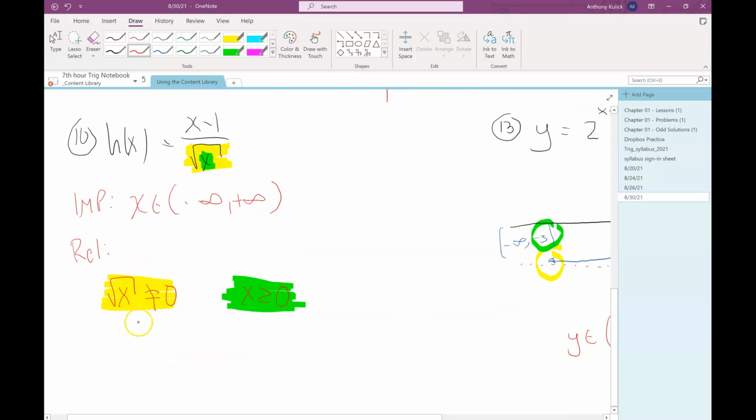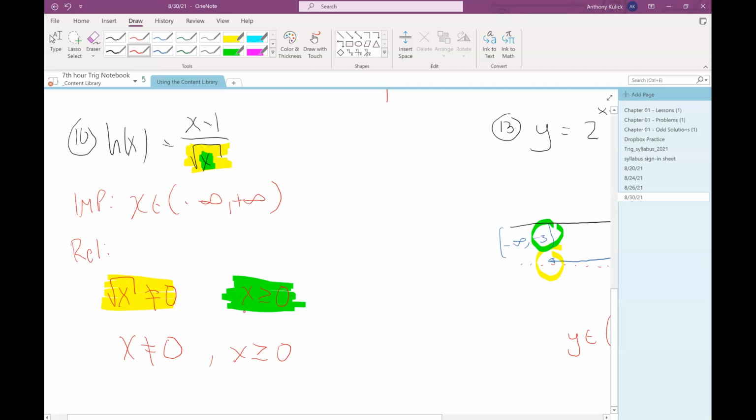Okay. Let's solve square root of x not equal to 0 first. How do I get rid of a square root? Square both sides, right? The square cancels the square root, and 0 squared is still 0. And I don't have to do anything for x is greater than or equal to 0, because the x is already by itself.